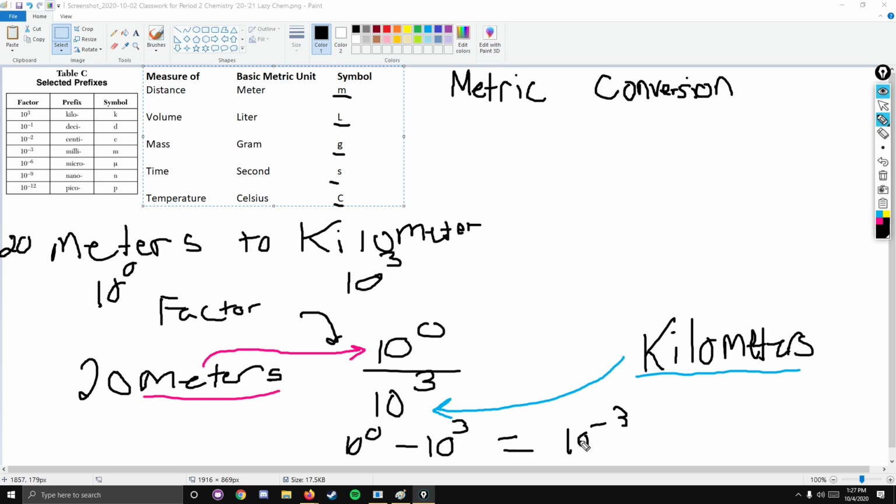And if we're multiplying by 10 to the negative 3rd, we're going to move our decimal place to the left 3 places: 1, 2, 3. That ends up giving us 0.020 meters. Or kilometers, I should say.